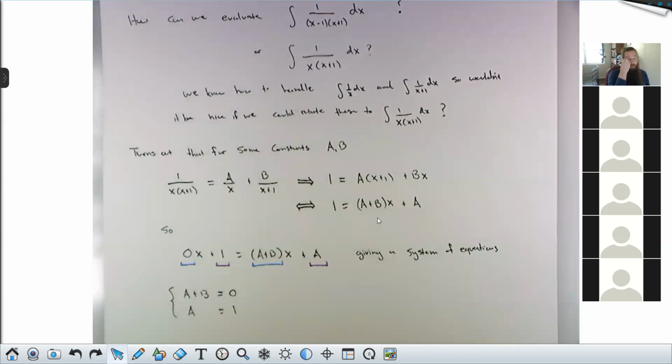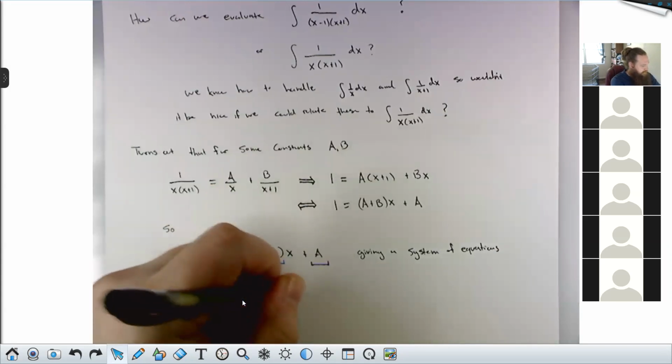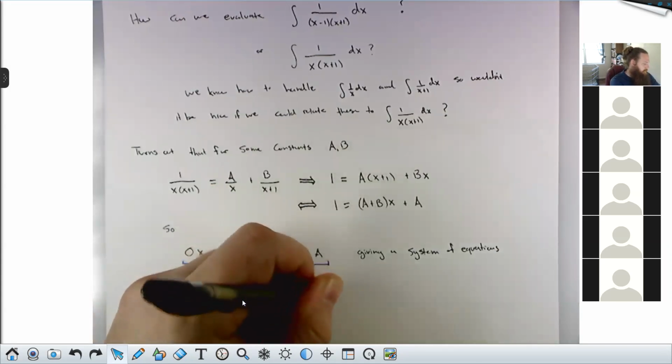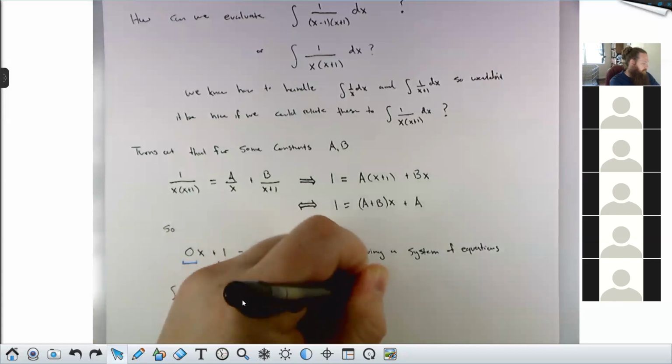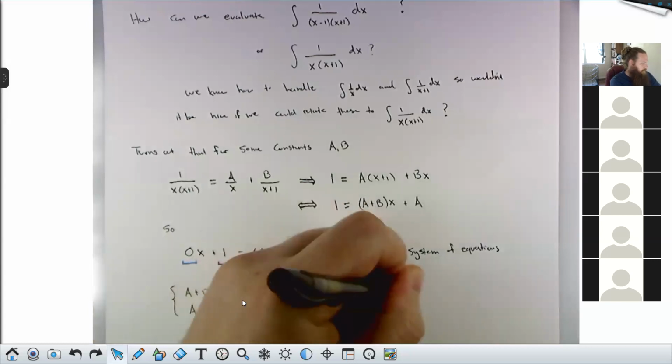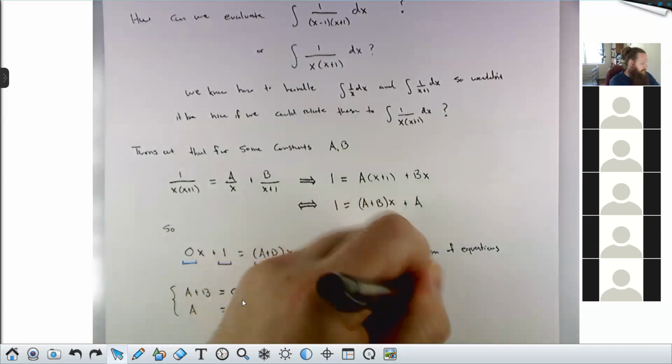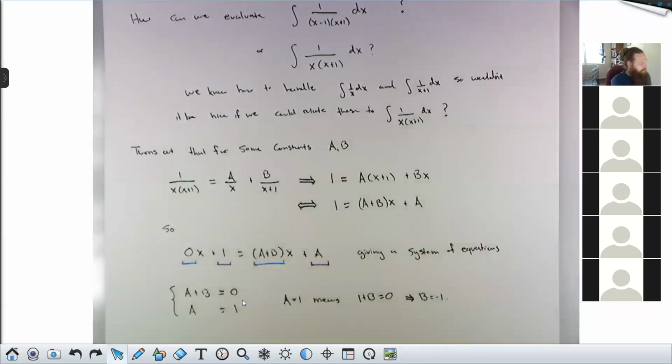Some linear systems are hard to solve, not this one though. The bottom equation just says A is equal to 1, and you take that together with A plus B equals 0, so B has to be -1.